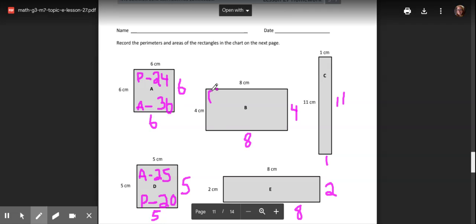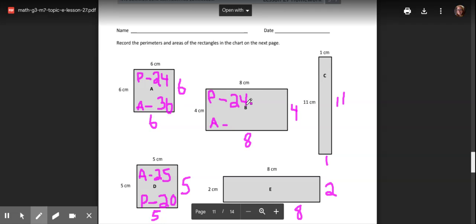I'm going to do the perimeter and the area. So for the perimeter, we need to add 4 plus 8 plus 4 plus 8. And when we do that, we would get 24 centimeters.